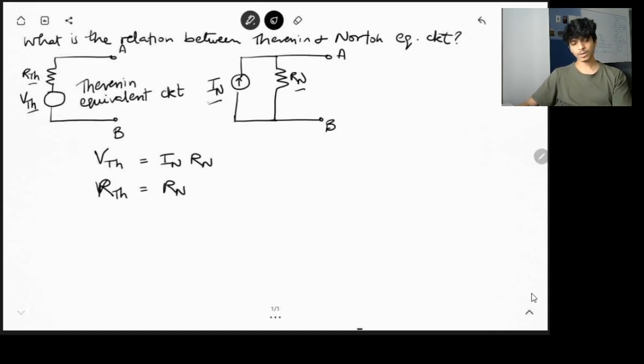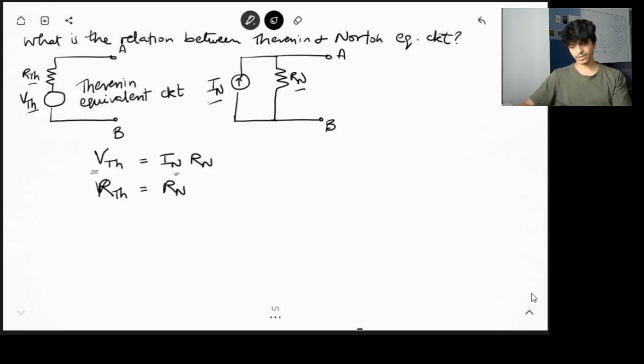RTH equals RN is something that should be obvious because the method of calculating them was exactly the same. But the relation between the voltage and the current in the two cases is given in this form.